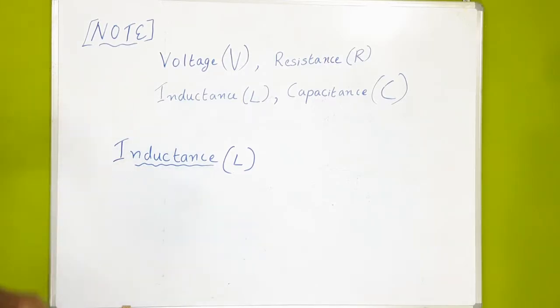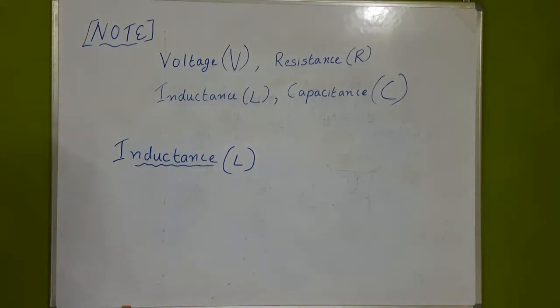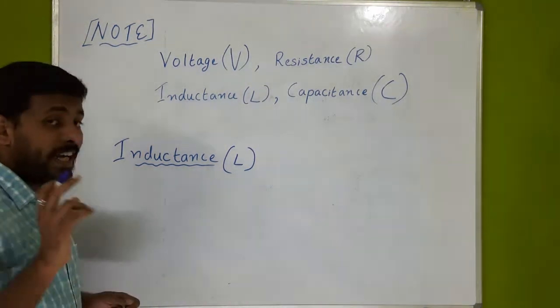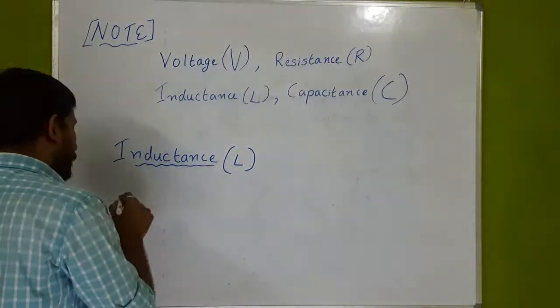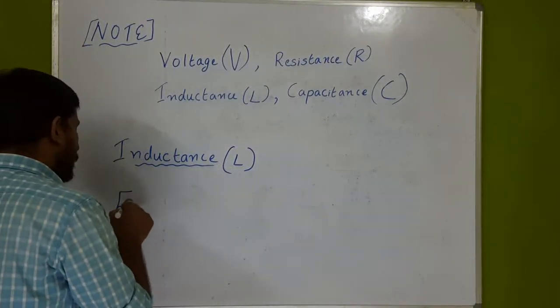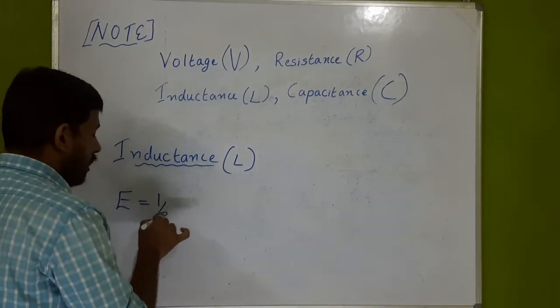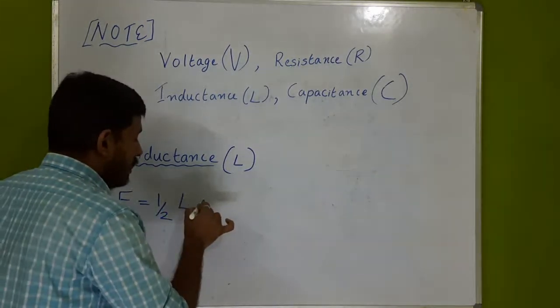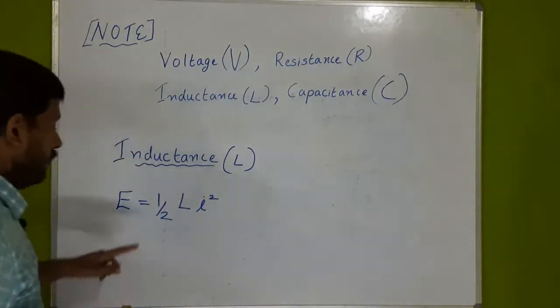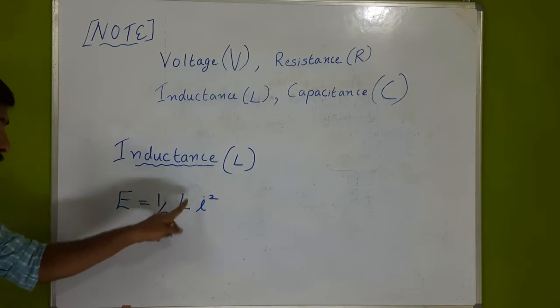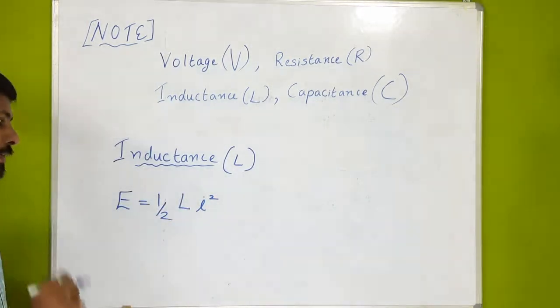Next we have inductance. For inductance, I'm going to use the equation of the energy stored in an inductor. That is, the energy stored in an inductor, E, is equal to half L I squared, where E is the energy stored, L is the inductance, and I is the current.